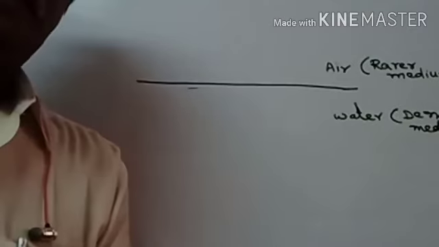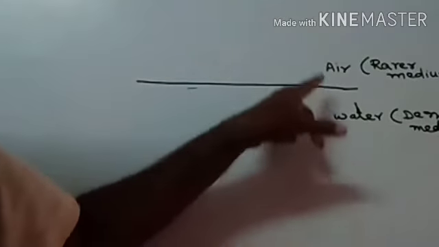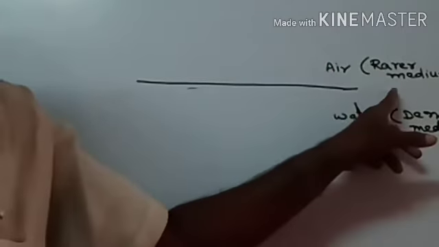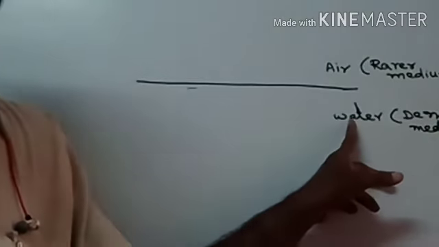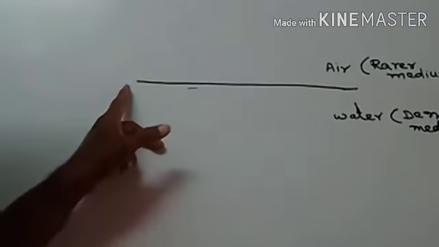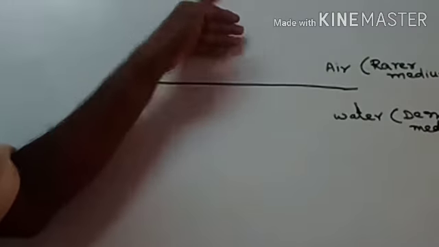So, two types of mediums: rarer medium and denser medium. Air density is less, so it is said to be a rarer medium. Water density is more, so it is called a denser medium. Now, this is a surface which separates the two mediums, air and water.